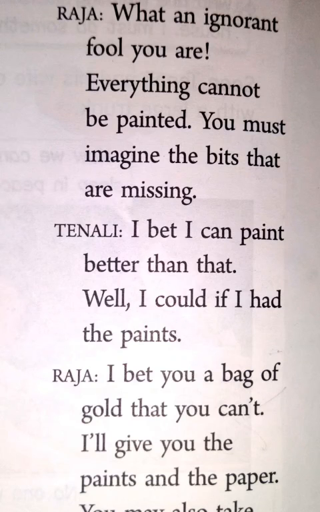Raja is explaining to Tenali, but clever Tenali takes a bet that he can paint better than this, if he also had the paints. So now Raja bet him a bag of gold that Tenali cannot paint. Raja even gave him paints and also a month's leave from the court.